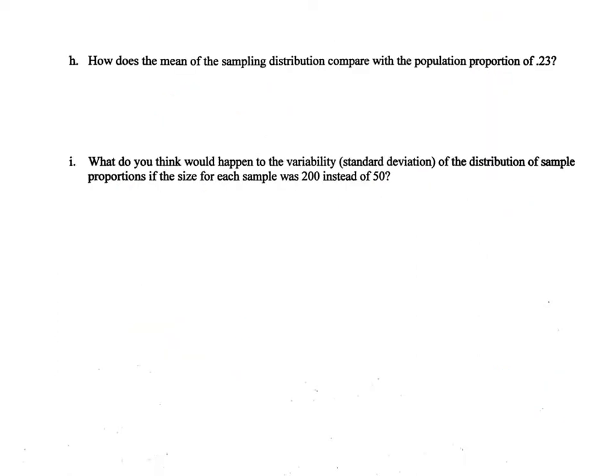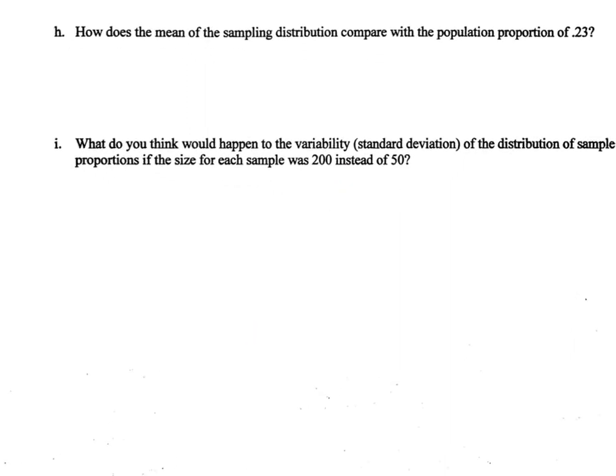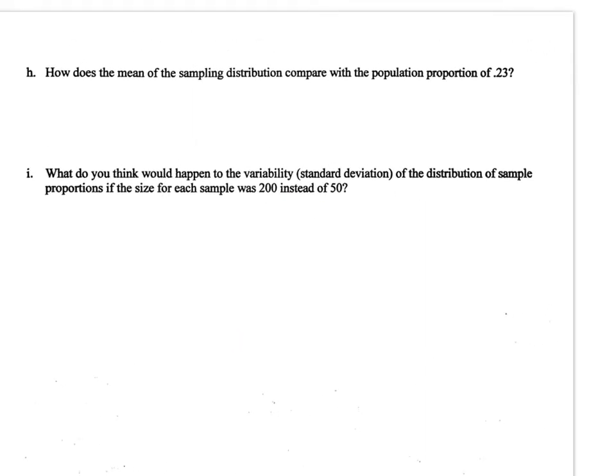So if we look here on the back, you'll notice that they're asking about the mean of the sampling distribution. If someone else came in and got 0.23, do you think they have a real die, or do you think it's a fake, like a weighted die where a 5 maybe occurs more than not?